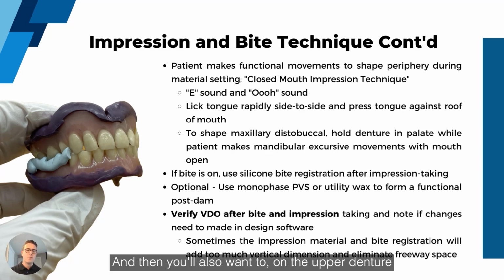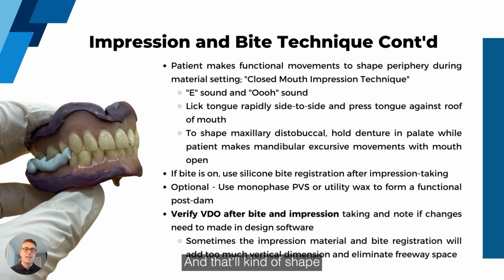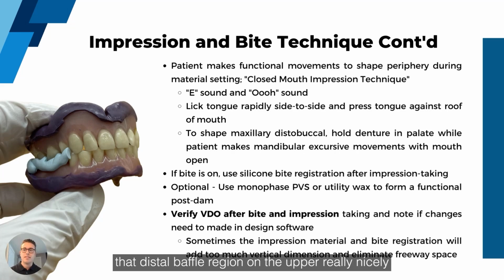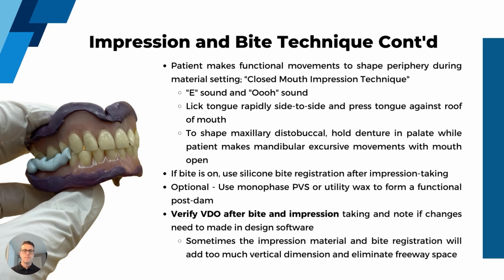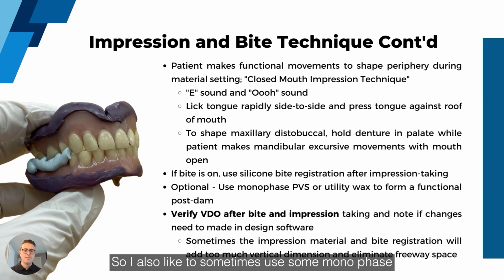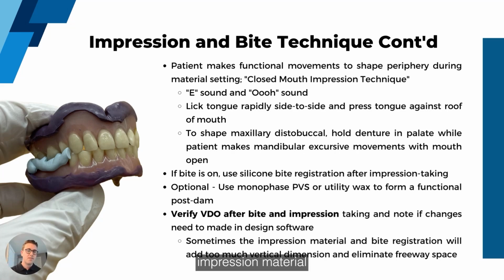And then you'll also want to, on the upper denture, hold your finger on the patient's palate and have them open up and move their bottom jaw side to side a couple times. That'll shape that distal buccal region on the upper really nicely. I also like to sometimes use some monophase impression material or utility wax to form a functional post-dam.